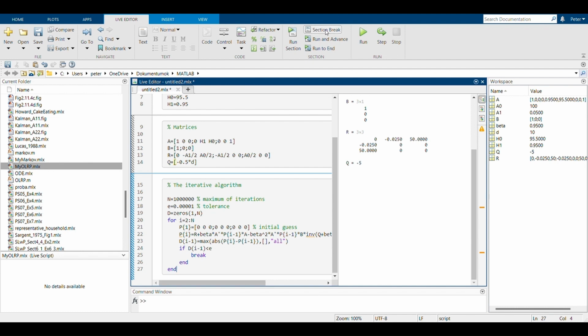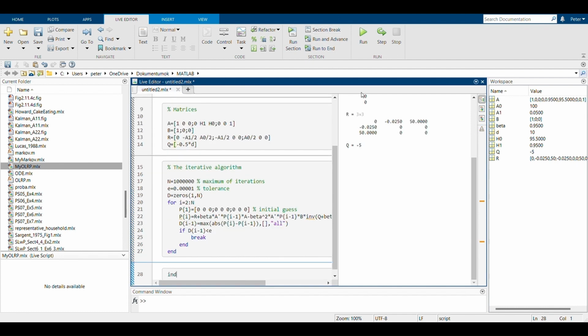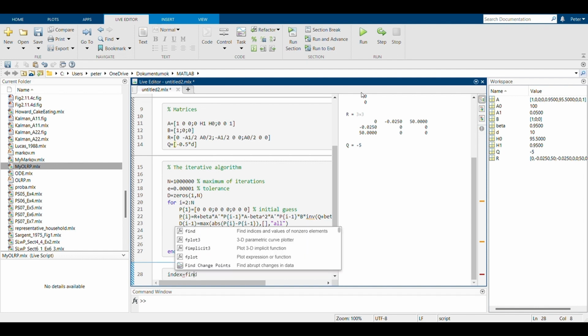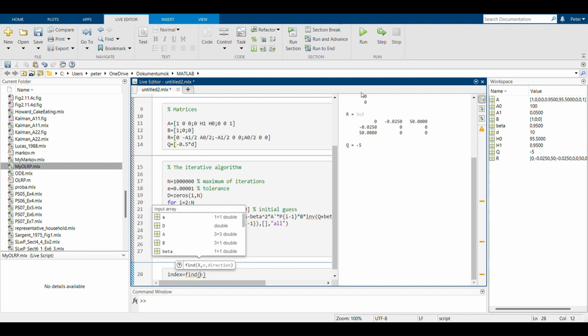So let's take a section break and let's try to find the solution, the fixed point. We are looking for that index where the difference vector becomes 0 for the first time.